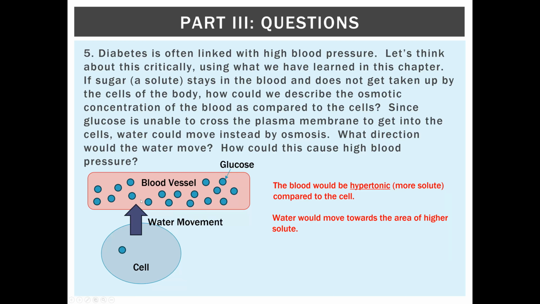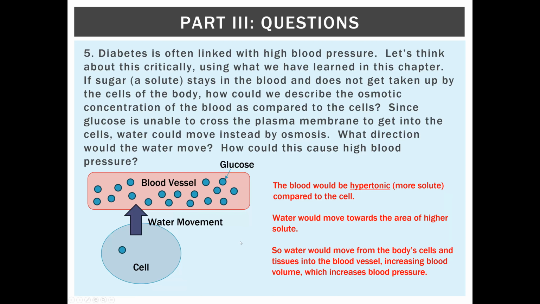So water would want to move from the cells and the tissues into the blood vessel. So if you add a lot of water from the body cells and tissues into the blood vessel, you are increasing the volume of blood inside the blood vessel, and that increases blood pressure. So that is one of the reasons why diabetes is linked with high blood pressure.